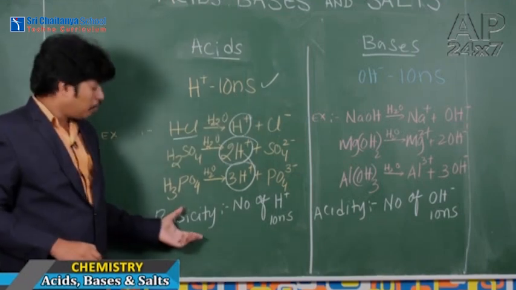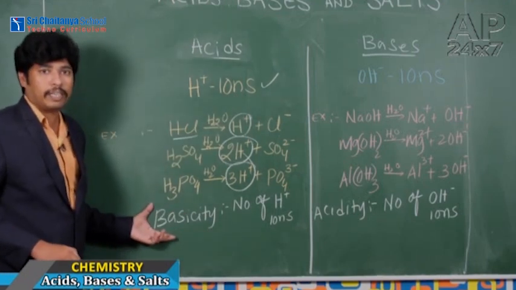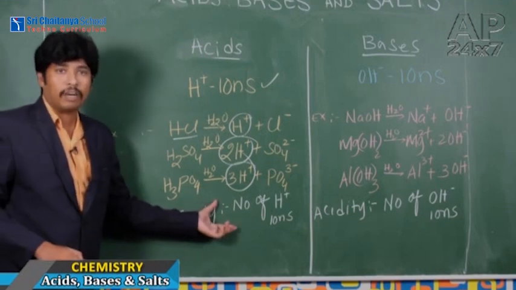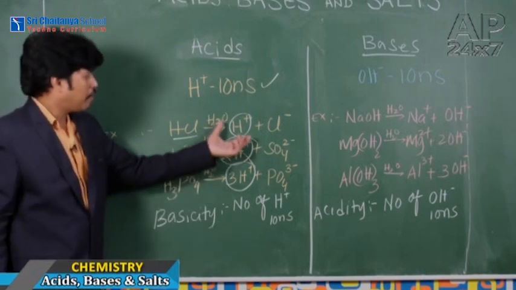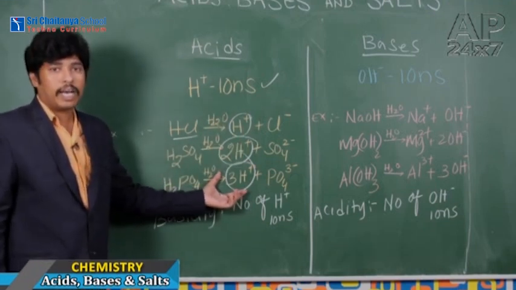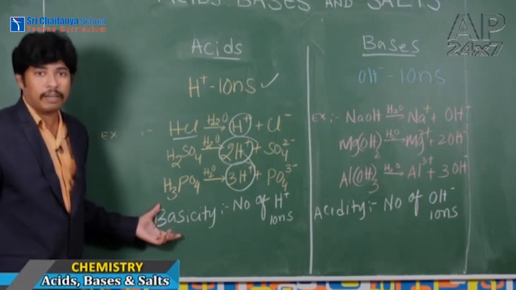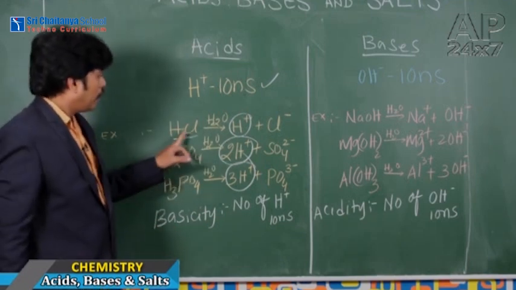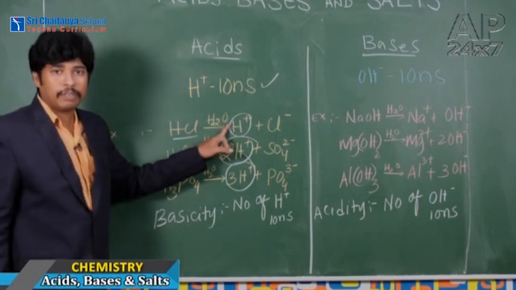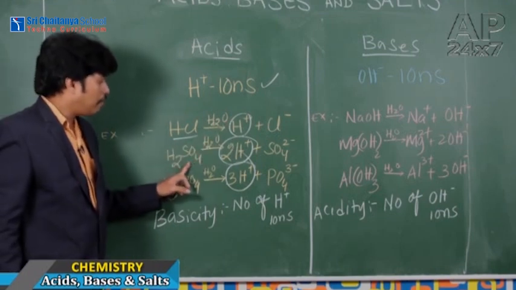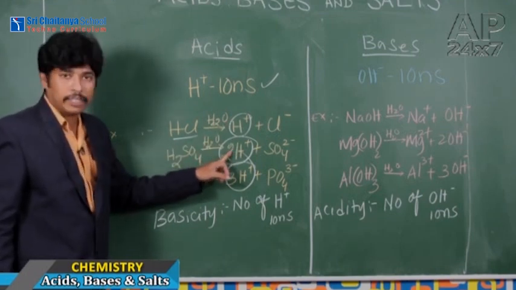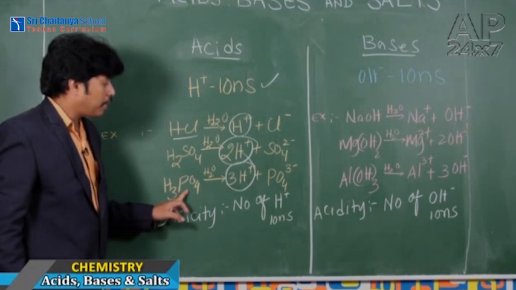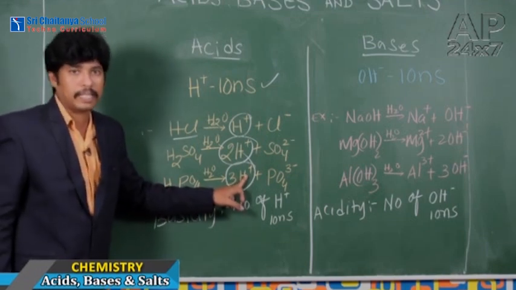And one more important term you can see on the board, that is the basicity of the acid. From these reactions I am going to explain the basicity of the acid. HCl is producing 1 H plus ion, sulfuric acid H2SO4 is producing 2 H plus ions, and phosphoric acid is producing 3 H plus ions.